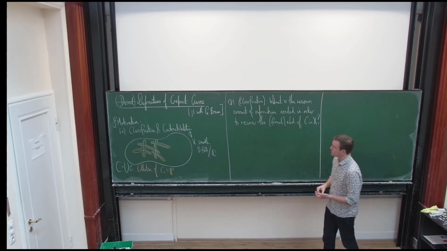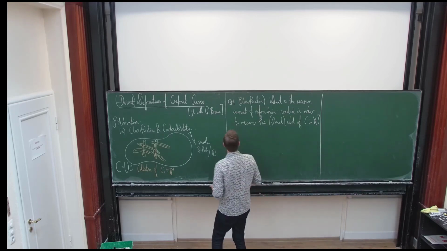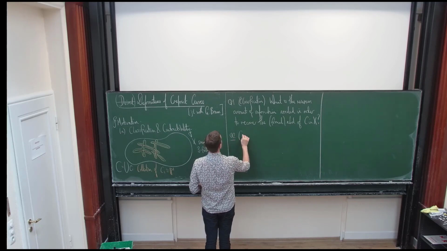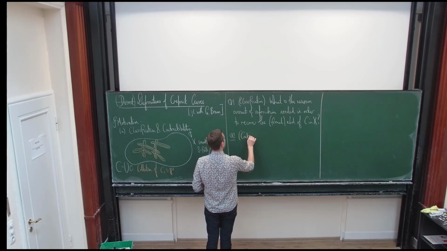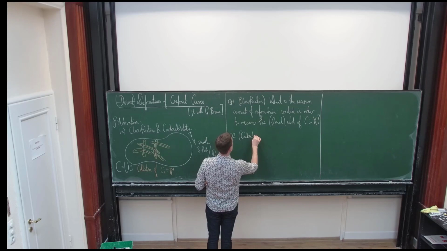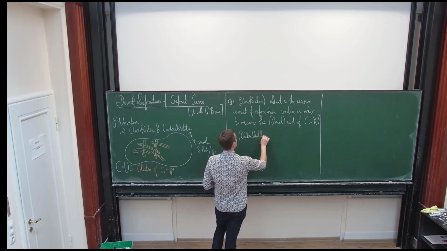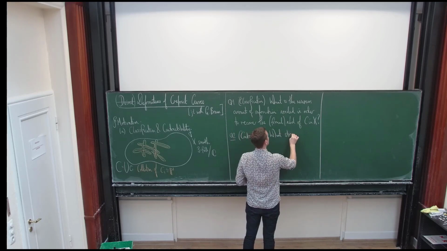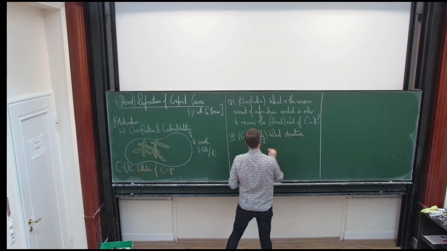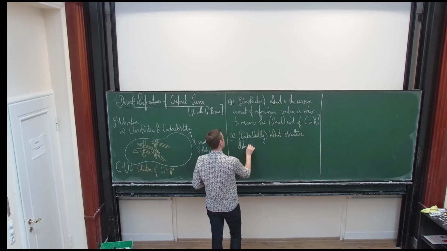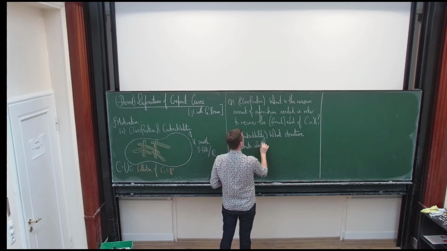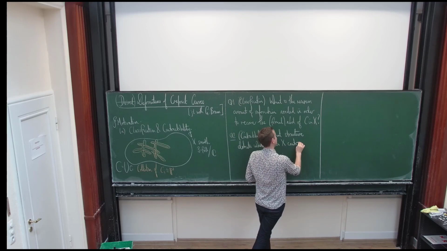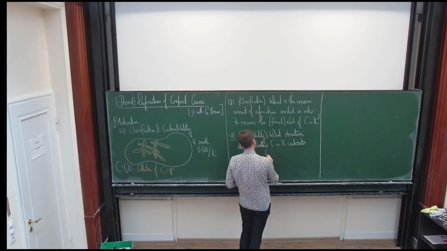Question 2, which really is the motivation today, is contractibility. What structure detects whether C in X contracts suitably locally?